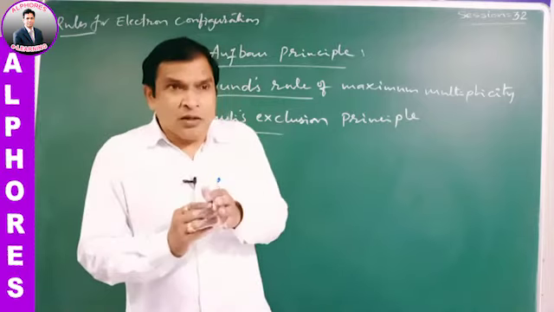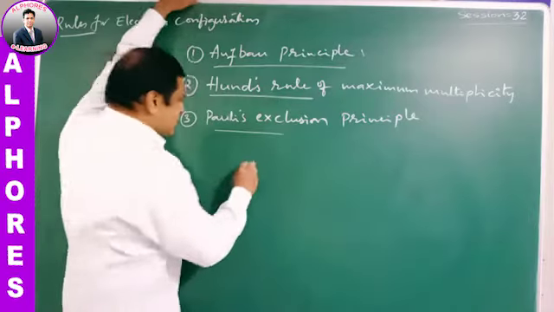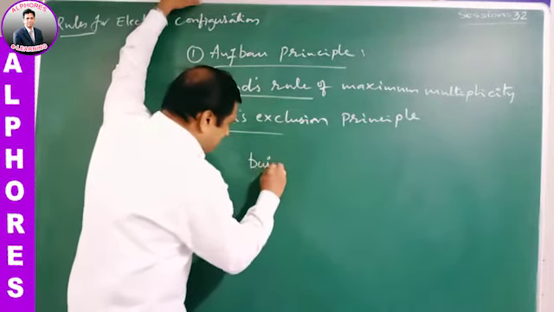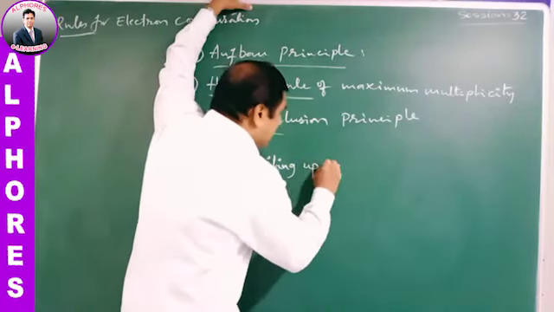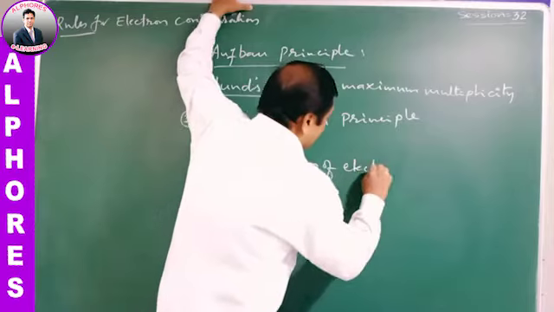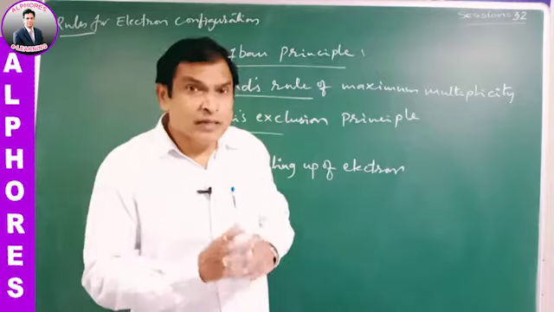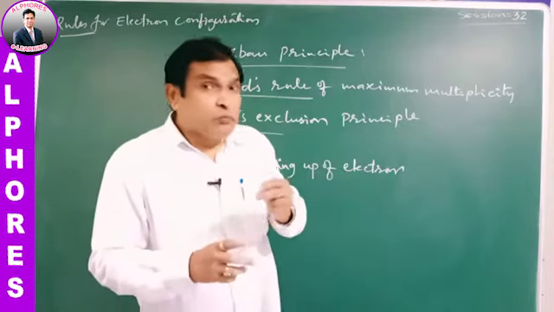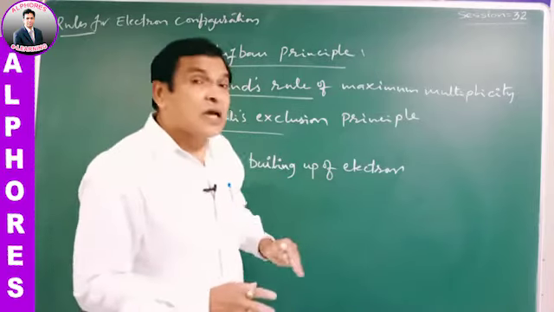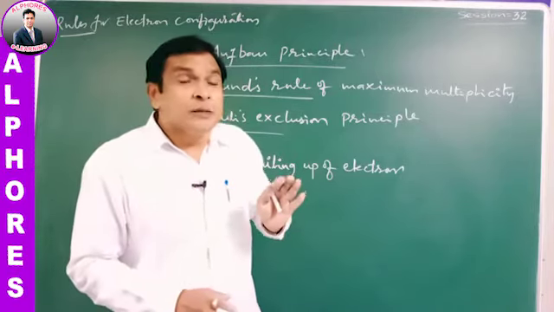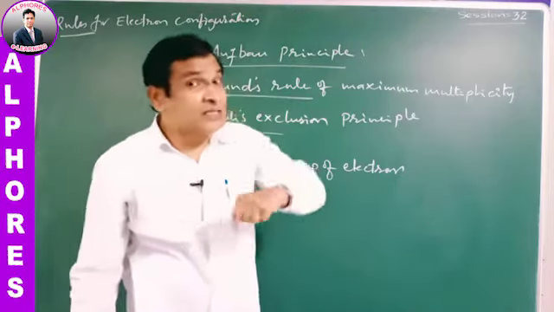That means the building up of electrons among the atomic orbitals is in the increasing order of their energies.